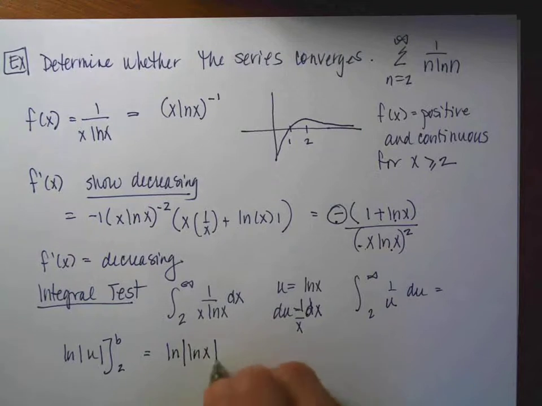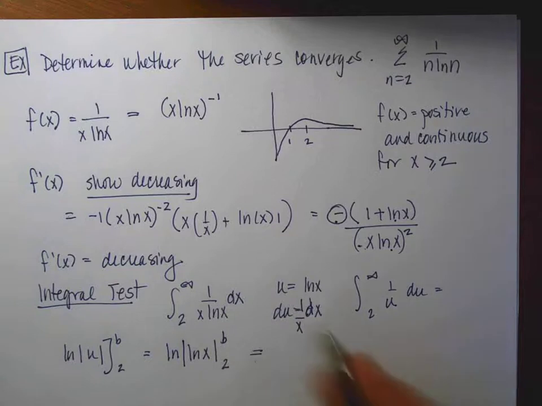So this is going to be the natural log of the natural log of x, and then I'm going to evaluate from 2 to b, and then I'm going to take the limit, okay? So I'm just going to go ahead and take my limit since I'm doing the integral test as this is written.